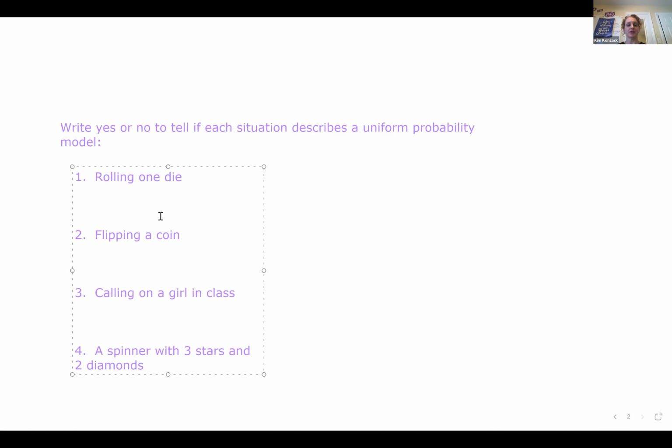Okay. Minutes to do that. So write yes or no to tell if each situation describes a uniform probability model. Rolling one die, flipping a coin, calling on a girl in class, or a spinner with three stars and two diamonds. Okay, so work on that.